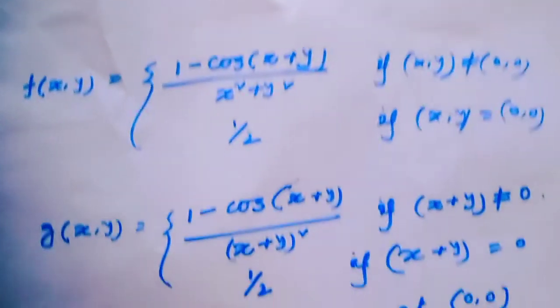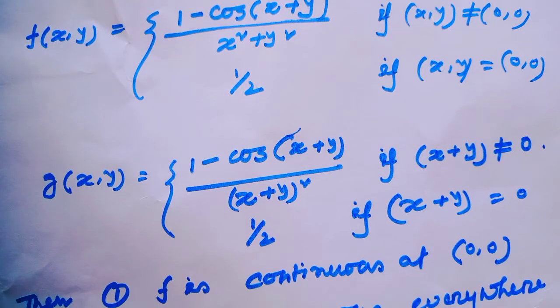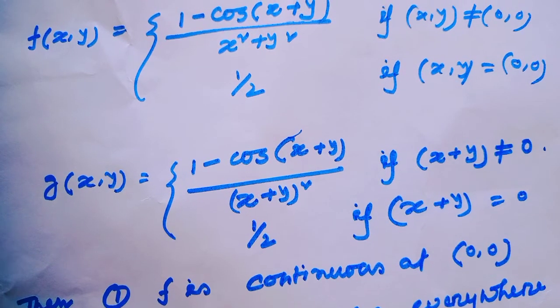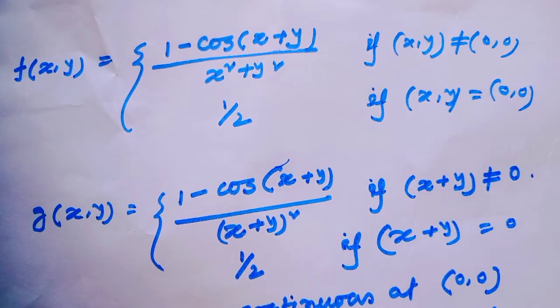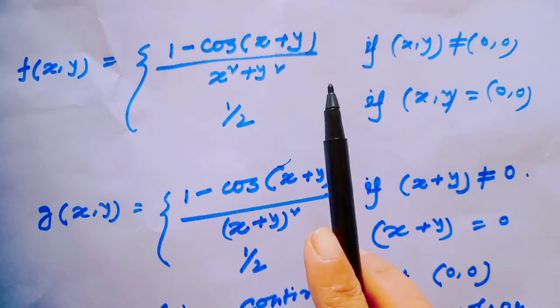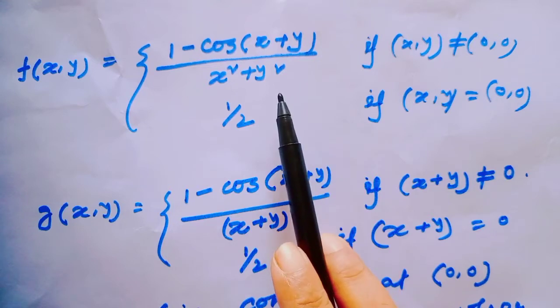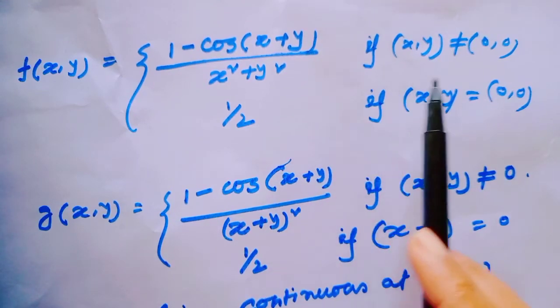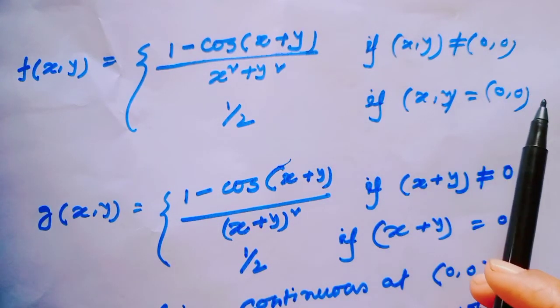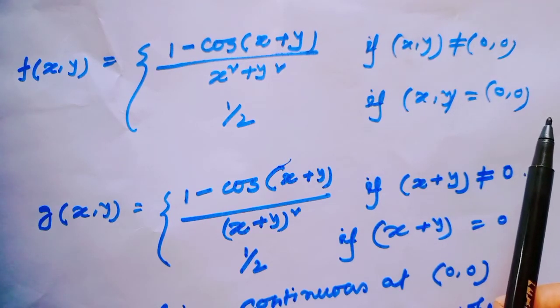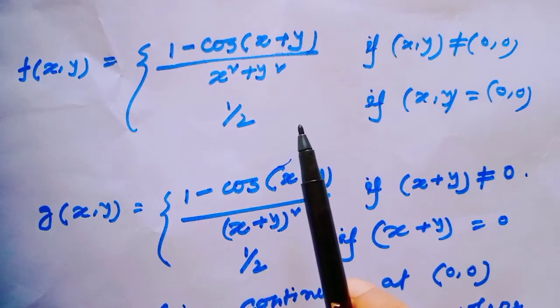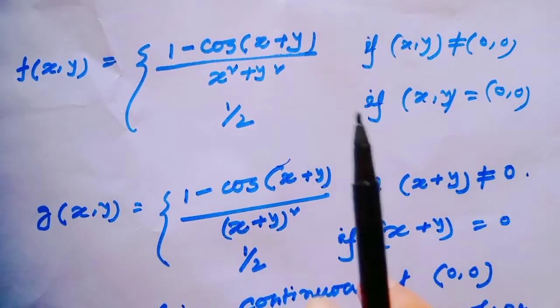First question. Here we have defined two different functions. The first function is f(x,y) equal to (1 minus cos(x plus y)) over (x square plus y square) when (x,y) not equal to (0,0), and when (x,y) equal to (0,0), the value of the function is half.